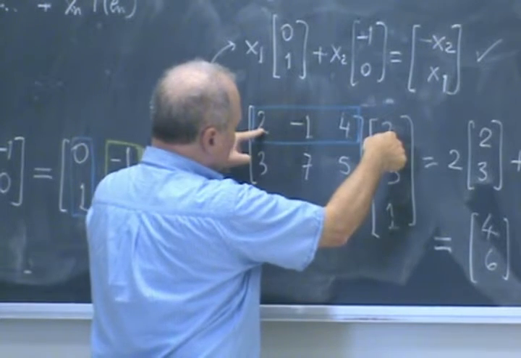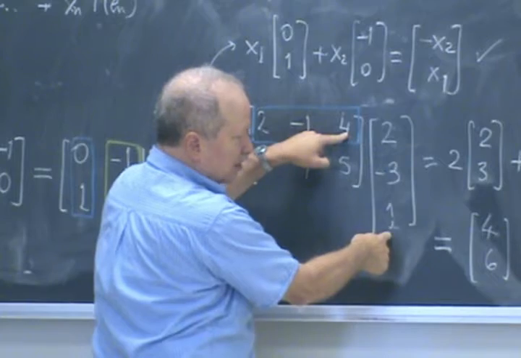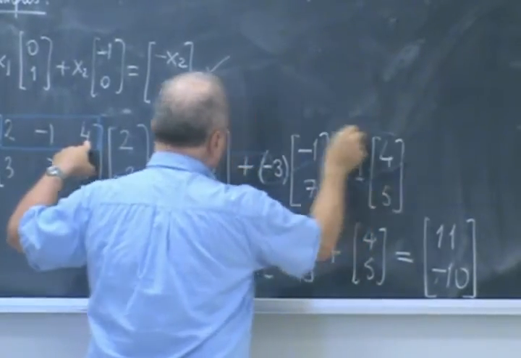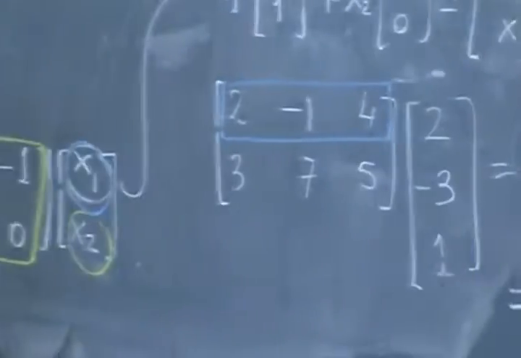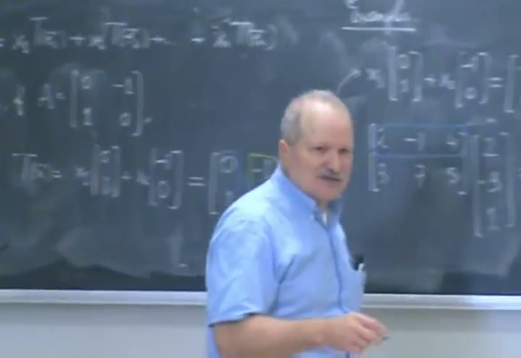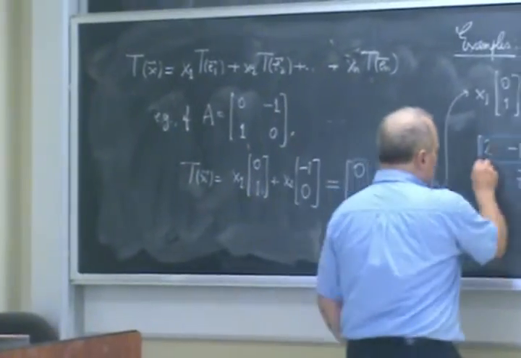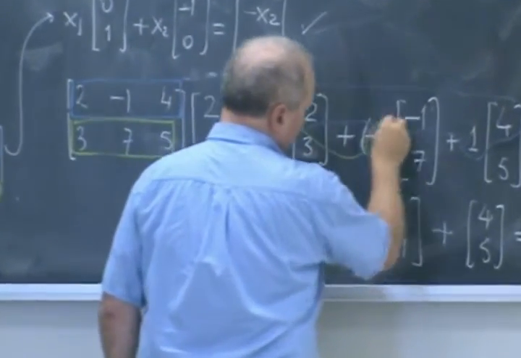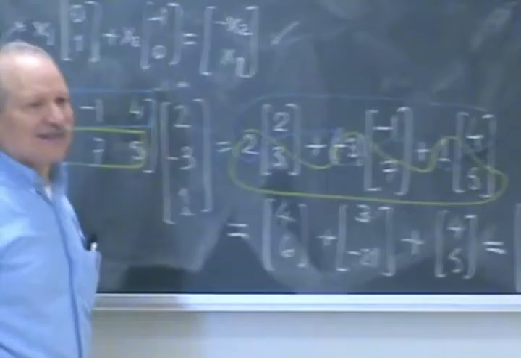You'd be taking 2 times 2 plus negative 1 times negative 3 plus 4 times 1. Well, is that what I actually did here? It is what I did, but I did it in a conceptually very different way. And then the second row, if you dotted that with this, you'd be doing this computation and getting that answer.